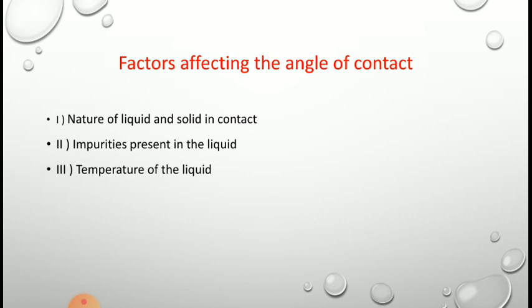Any increase in the temperature of a liquid decreases its angle of contact. For a given solid liquid surface, the angle of contact is constant at a given temperature. So these are the factors affecting the angle of contact. Now, the surface tension of a liquid becomes zero at critical temperature. So this is one important factor.